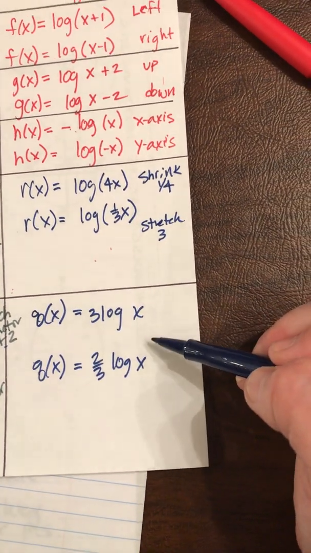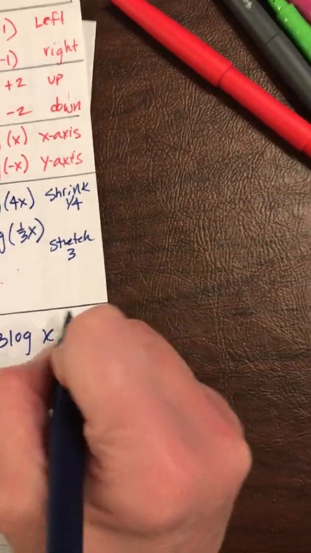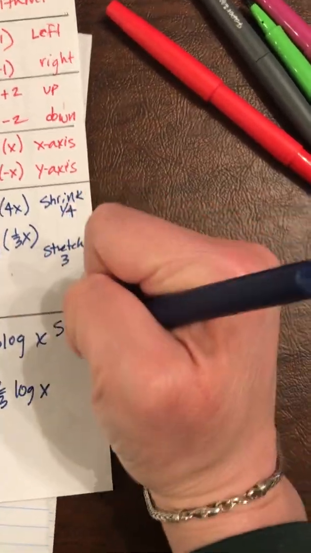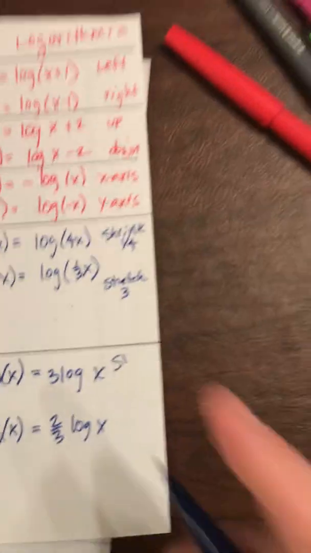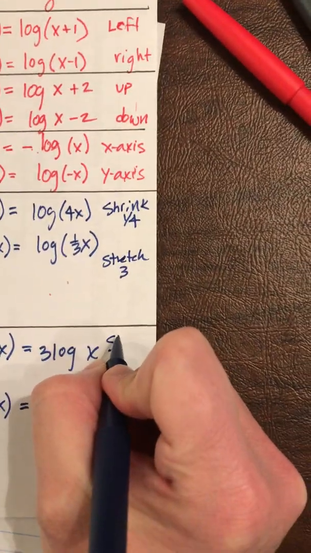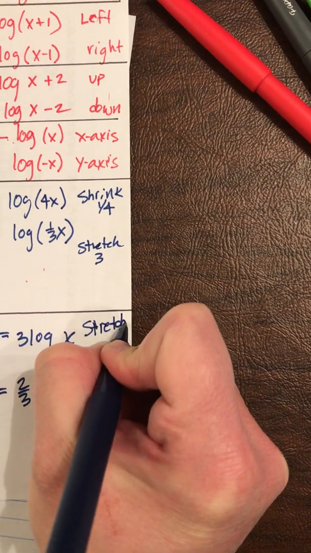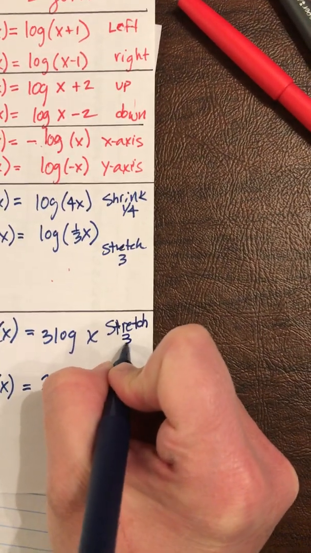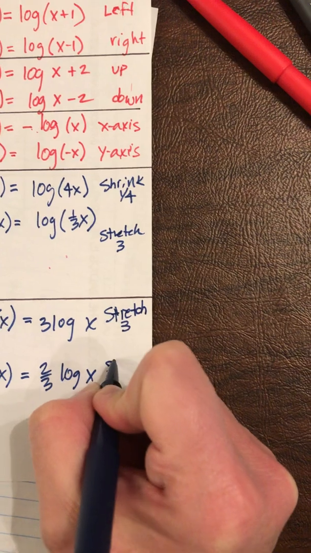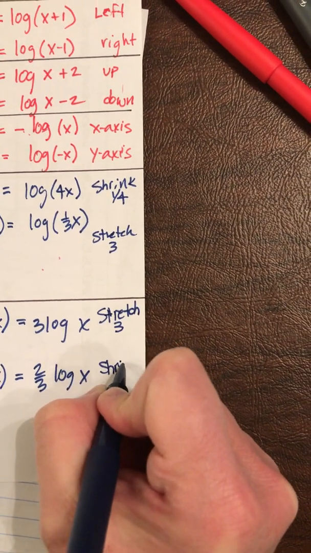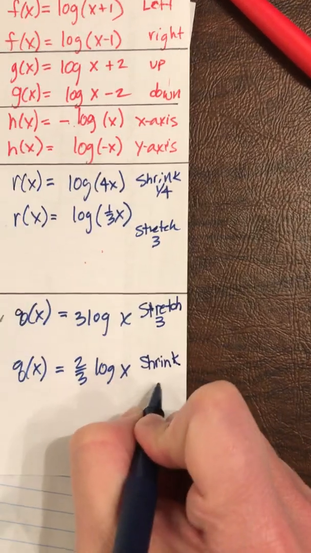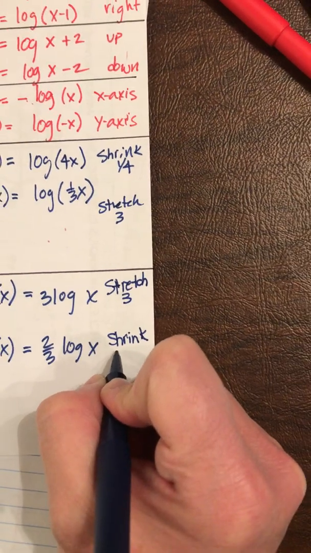If there's a number bigger than 1, this is going to be a stretch, and it's going to be a factor of 3. And this is going to be a shrink, and this is going to be a factor of, in this case, 2/3.